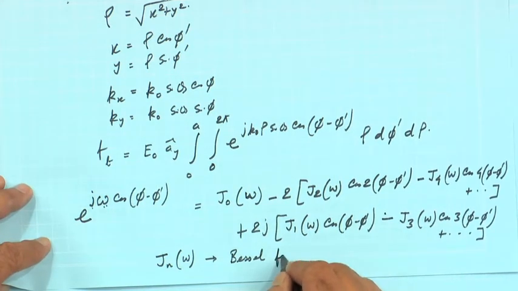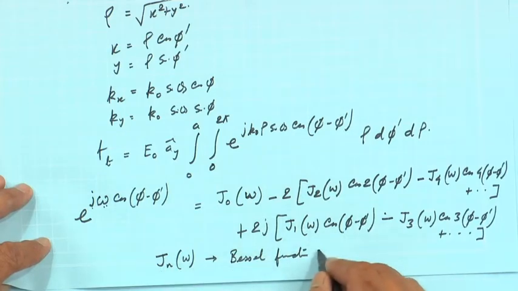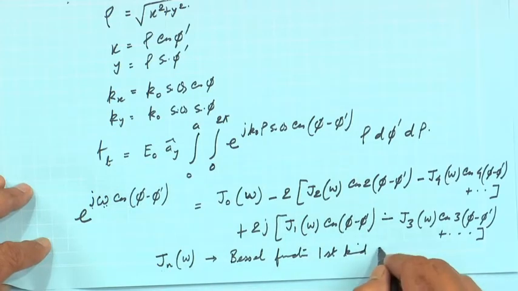J means it is of the first kind and n means of order n.